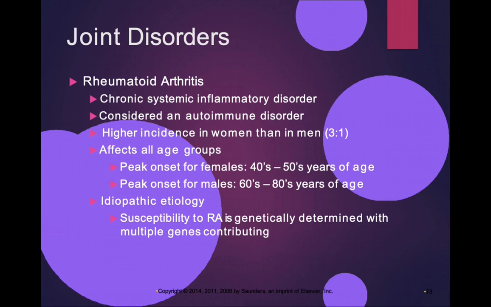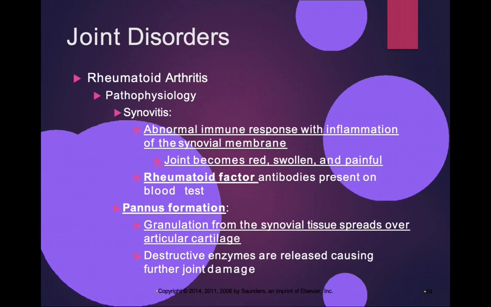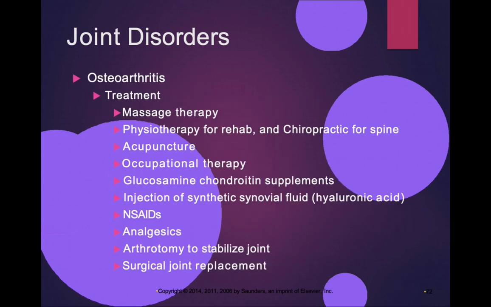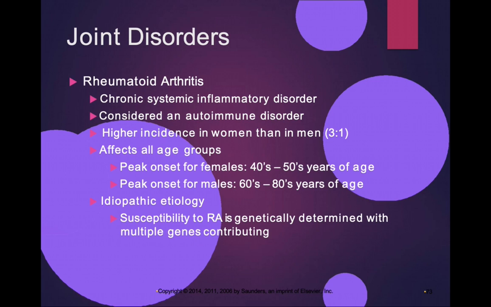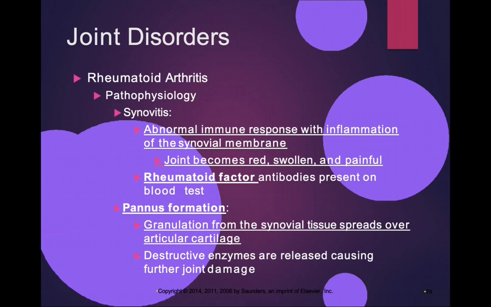The etiology is idiopathic; susceptibility to RA is genetically determined, with multiple genes that contribute to RA. The pathophysiology: if you look at synovitis, there is a synovial membrane that becomes very irritated.